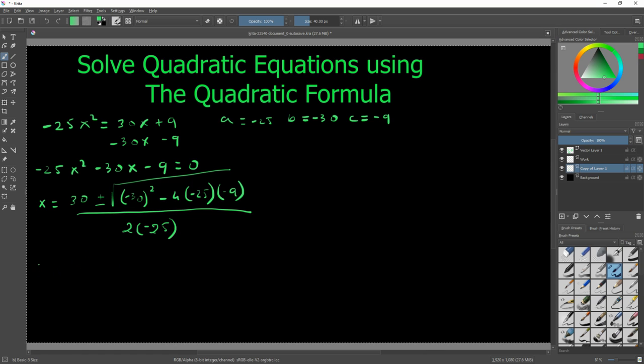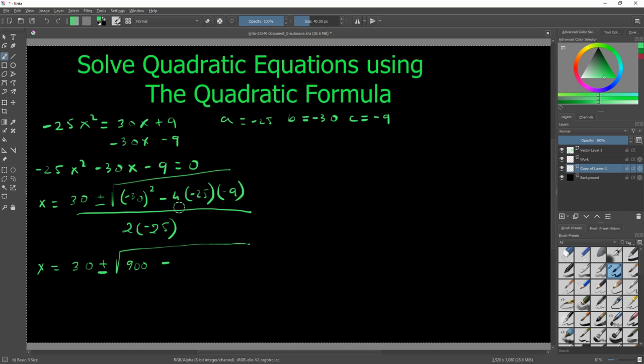All right, now you simplify. x is equal to 30 plus or minus negative 30 squared. Remember, this term here is always going to be positive because negative squared is going to be a positive. So it's positive 900 minus, wait, I don't know if it's minus or plus yet because I have to count the negatives, right? 1, 2, 3. 3 negatives makes it a negative.